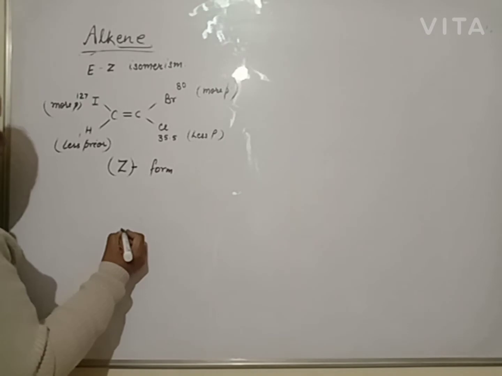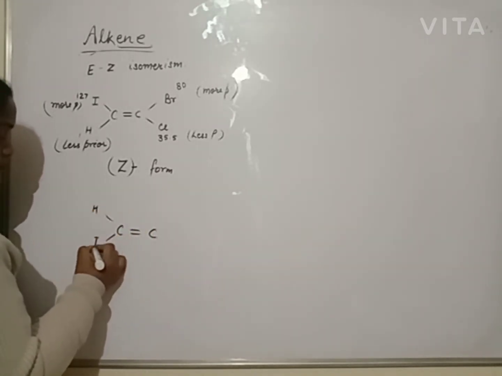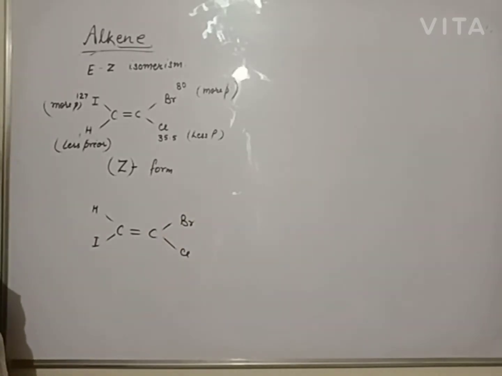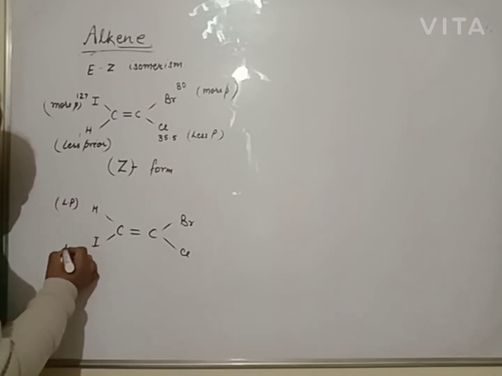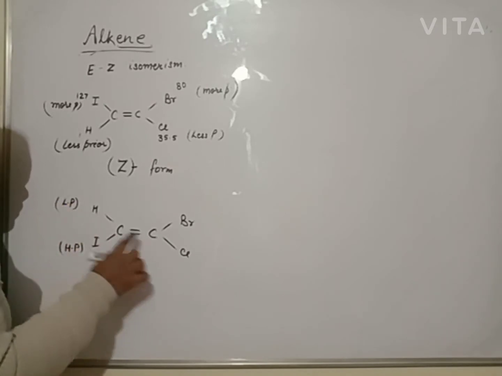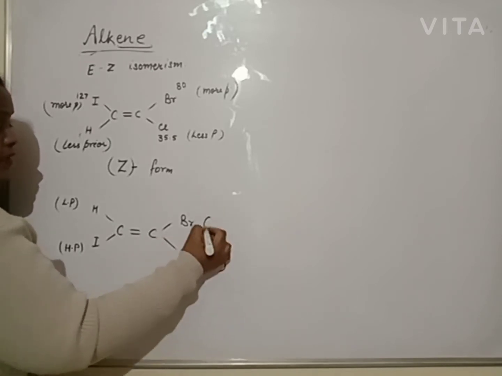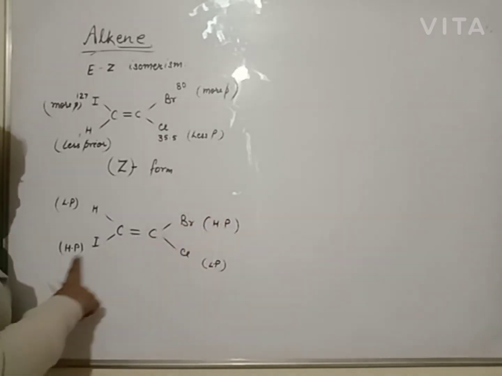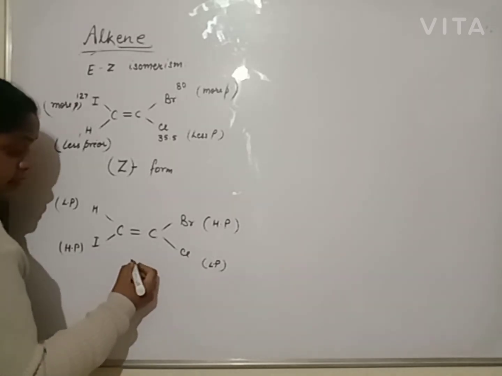Clear? If you draw the structure like this. Like this. Beta, it is less prior. It is high prior. On this carbon, it is less prior. It is high prior. Similar priority on opposite side with 180 degree angular difference, that is known as trans isomer.